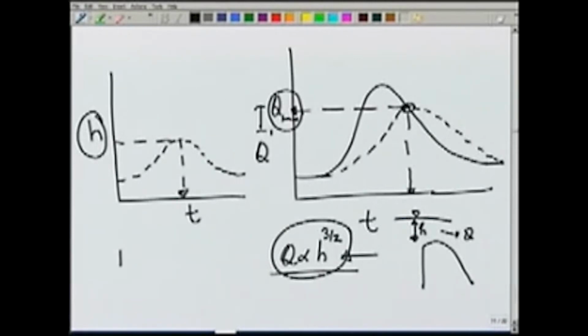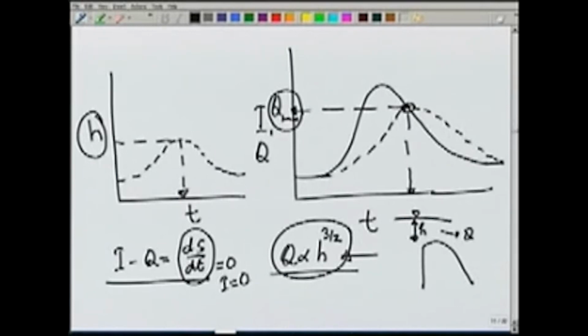If we look at the equation, we can see that dS by dt will be 0 when I is equal to O, or if we use the symbol Q, then when inflow is equal to outflow, then dS by dt will be equal to 0, and therefore, S will be maximum.